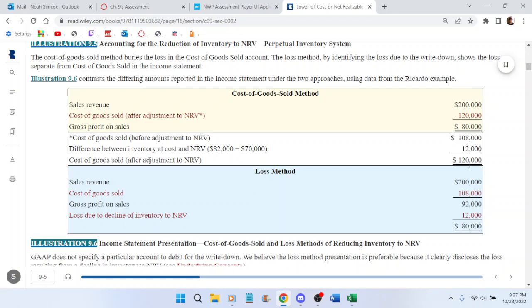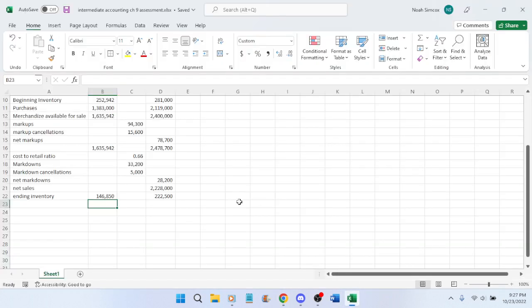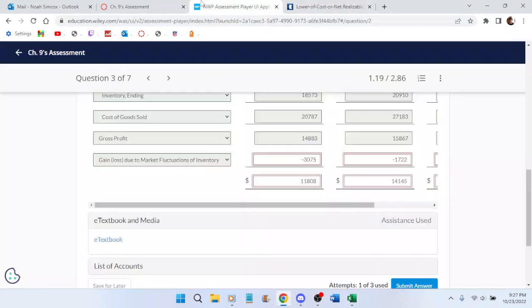So they add that to the cost of goods sold, but that decreases your gross profit because your gross profit goes down. So this will be your final gross profit. How is this wrong?